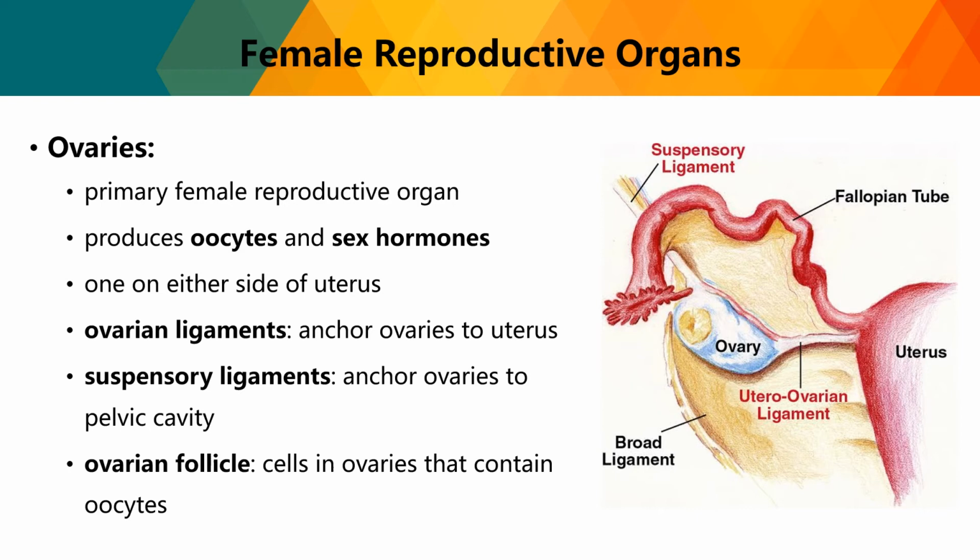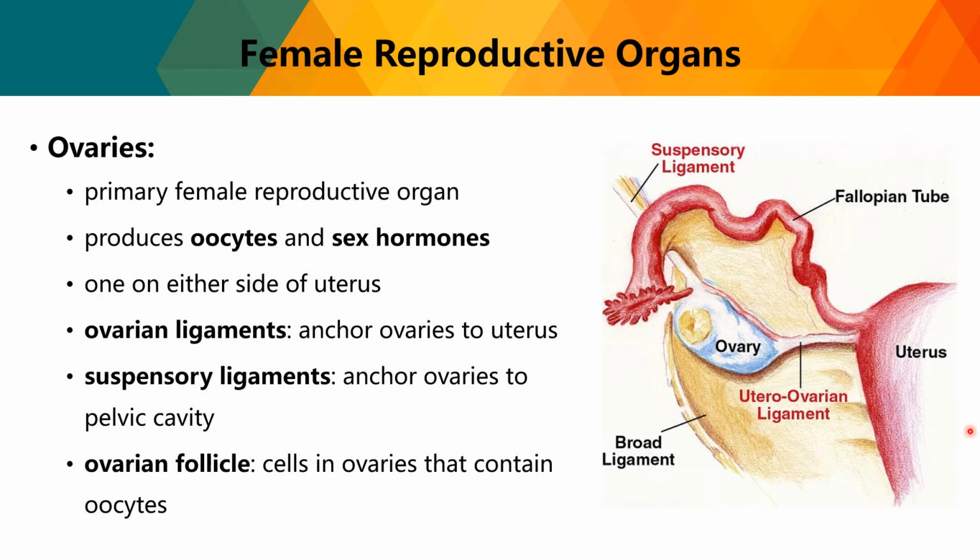So for the female reproductive organs, again, the ovaries are the primary female reproductive organ and they produce oocytes and sex hormones. They are found one on either side of the uterus, so bilateral, dalawa. They have the ovarian ligaments which anchor the ovaries to the uterus.